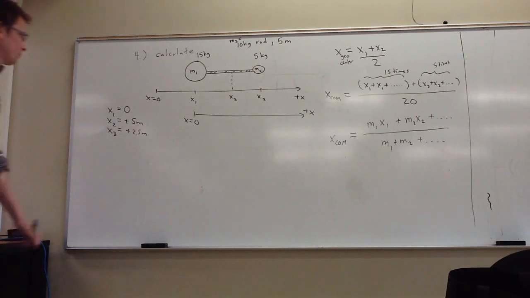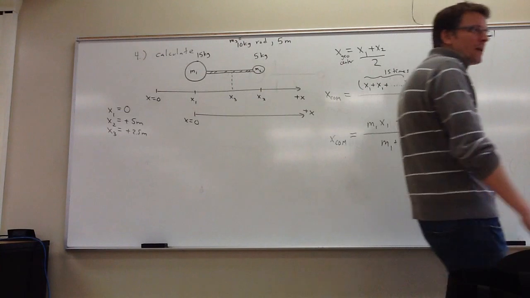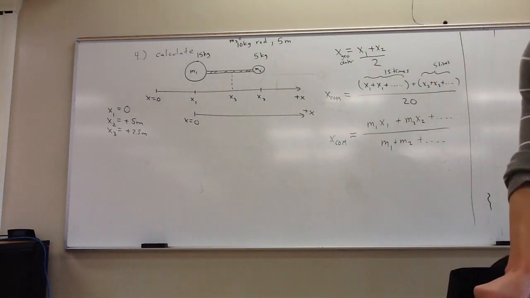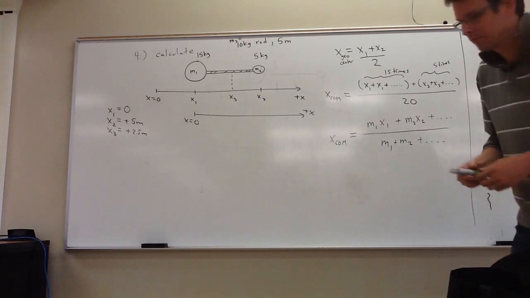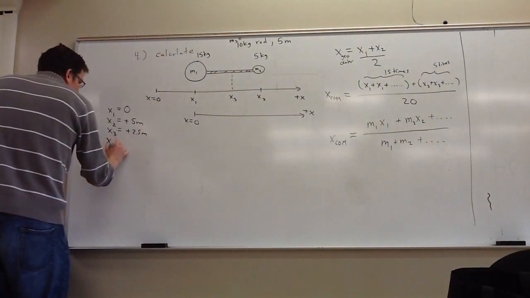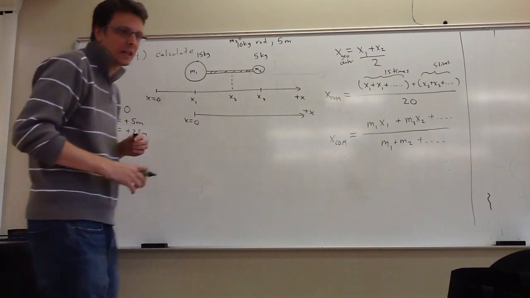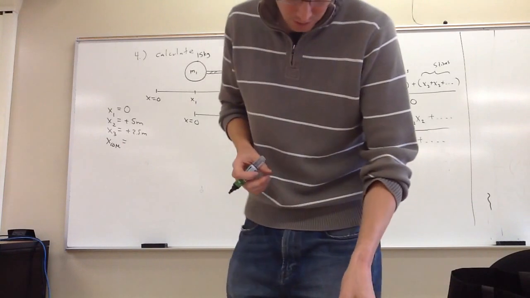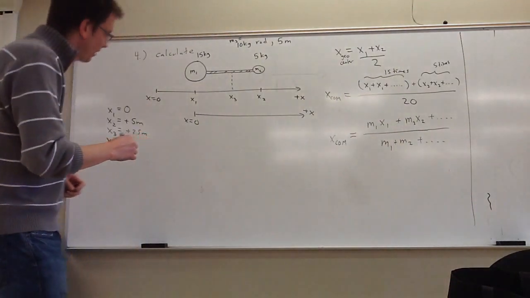So I trust that you can plug those in. Plug in the masses, plug in the x values, and let me tell you what you get. Make sure you can get this at home: x com should come out to be plus 1.7 meters.